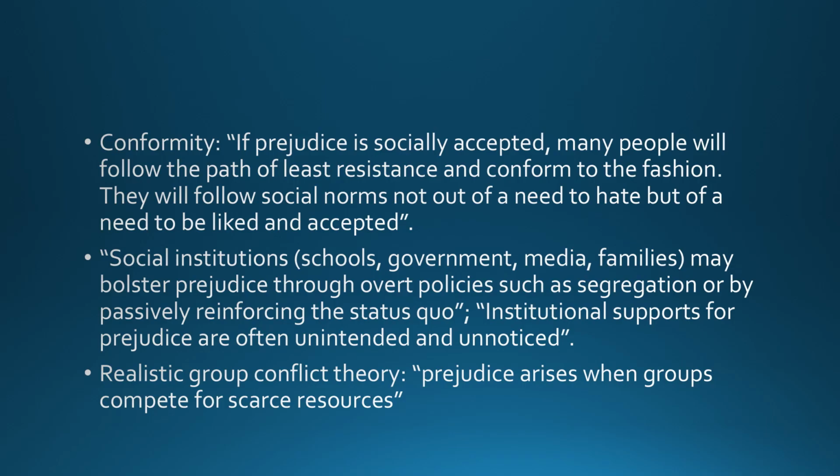They're not overt, it's not segregation, but it's just like an institutional prejudice. It goes unnoticed. Realistic group conflict theory: prejudice arises when groups compete for scarce resources. You can imagine this is probably going to put people in a hierarchy. Whoever has more resources is best, so that can create prejudice between groups.